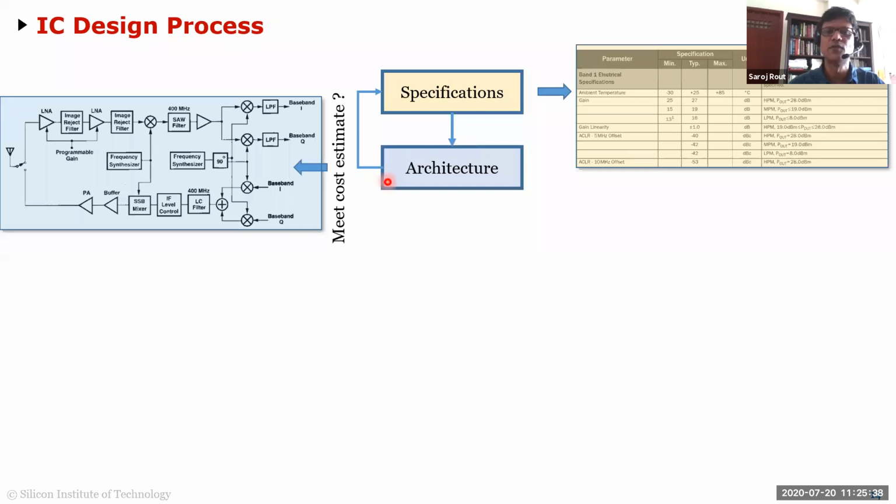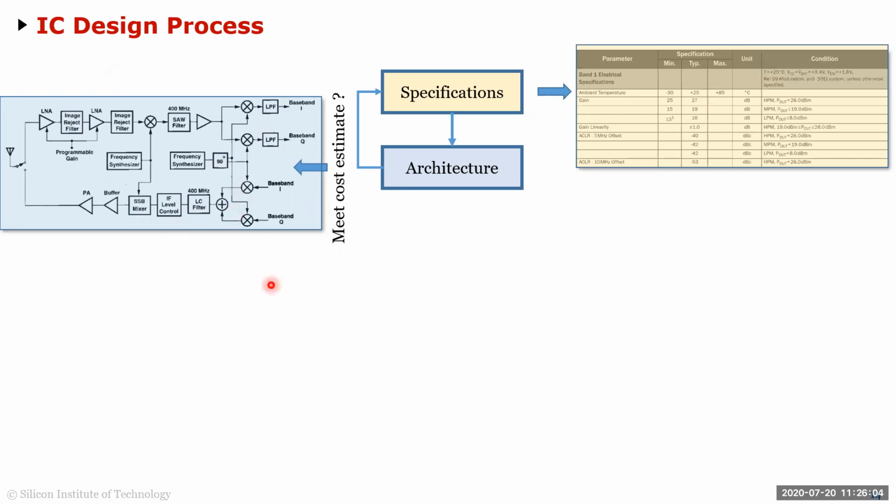Architecture means you are not putting any transistors yet. You're just doing mostly hand calculations or high-level simulations, using MATLAB or Simulink or Python or whatever it is, or in digital systems, you're just writing it in Verilog. So that's your architecture. You say, let me see what kind of architecture I can use. For example, this is the architecture of a radio chip, a GSM cell phone chip.